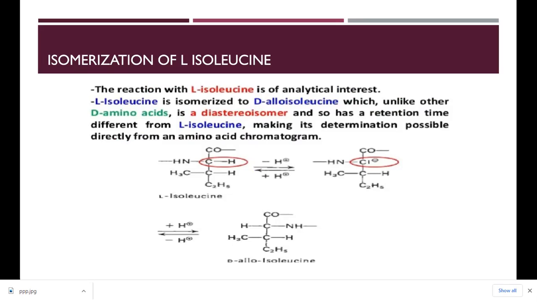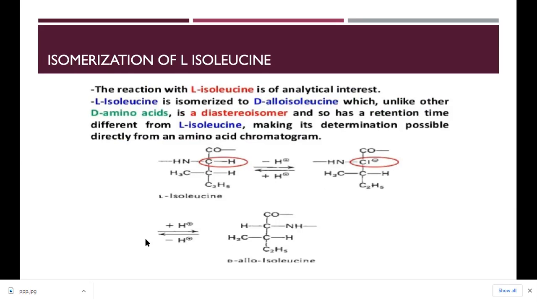Isomerization of isoleucine. The reaction with L-isoleucine is of analytical interest. L-isoleucine is isomerized to D-alloisoleucine, which has a retention time different from L-isoleucine, making its determination possible directly from an amino acid chromatogram.